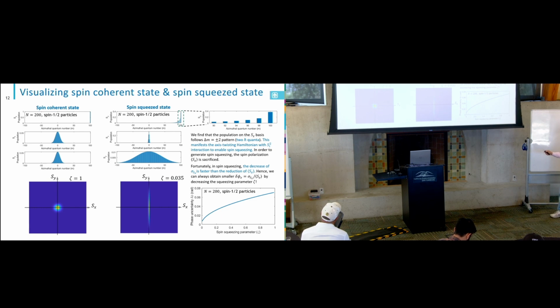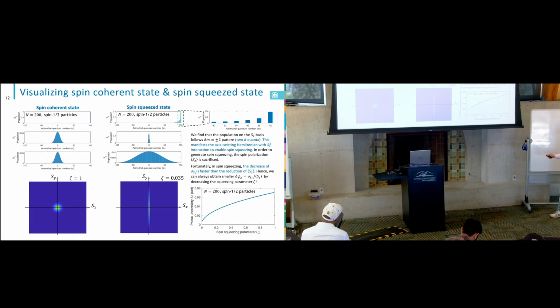So when we do the measurement, we can take advantage of this direction instead of the other one. For example, if we want to measure the phase along the x direction, we'll get a much smaller uncertainty. But the y uncertainty gets much bigger.